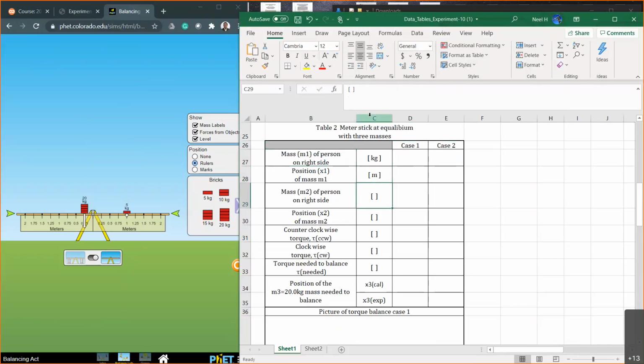Person on the other side, unit kilogram. Mass, and the position is unit meters. And then accordingly we'll calculate the torque under those two. And then we'll try to figure out theoretically and experimentally where the third mass should be placed to get that meter ruler into the level position again.